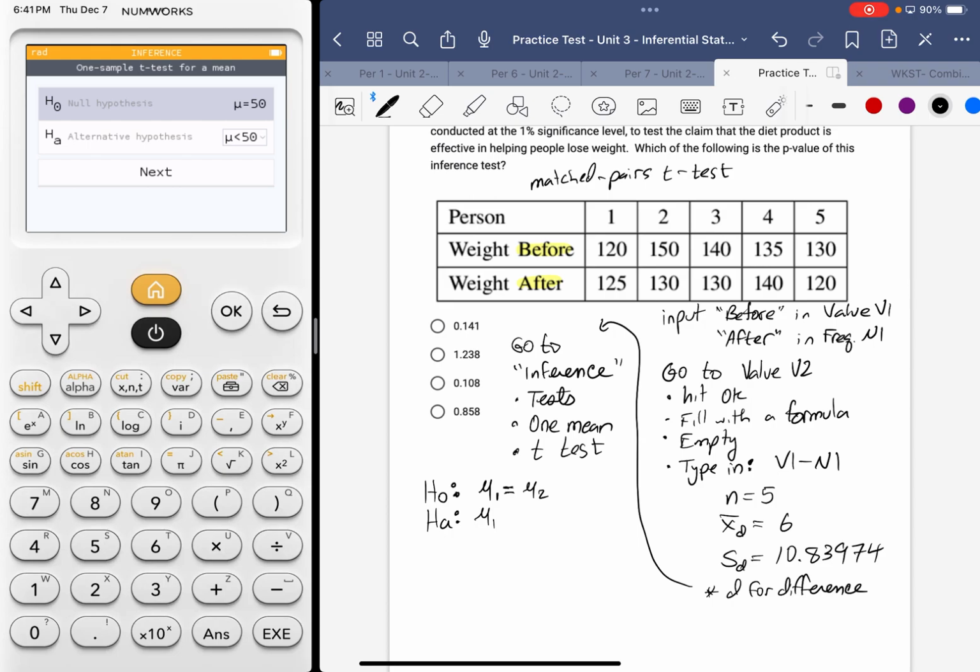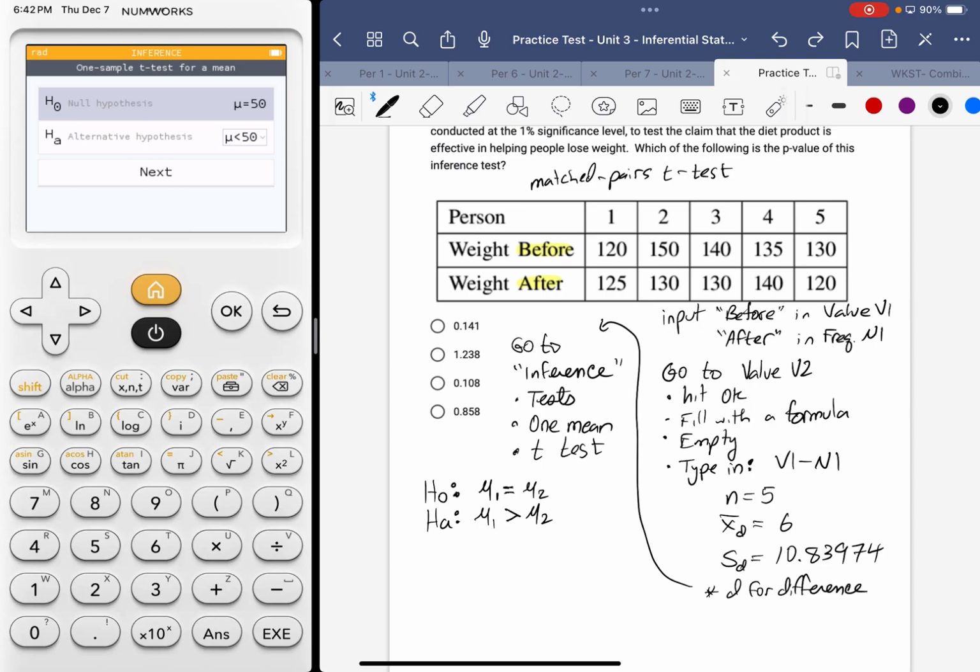As an alternative, if you lose weight, it means your weight before is greater than your weight after. If I were on a weight loss plan, you have a weight that you start with, and then after a period of time, that new weight should be less than what you started with, right? So what you started with should be greater than what you ended up with, right?